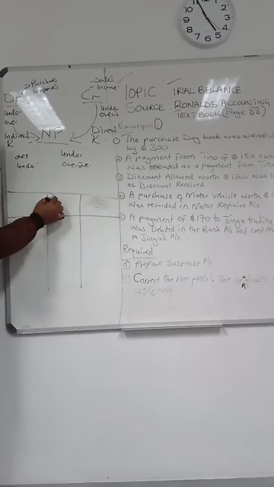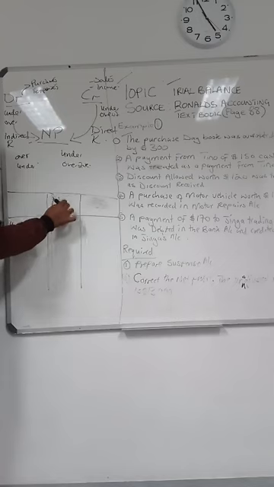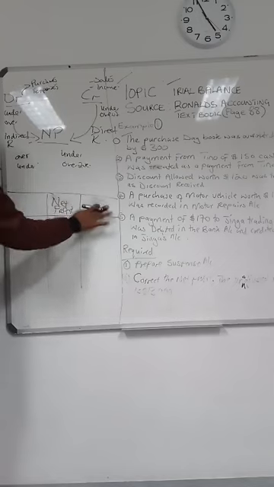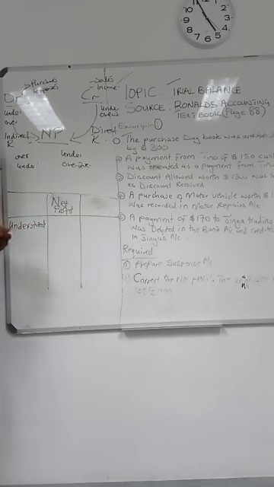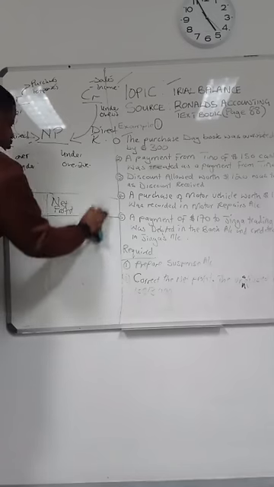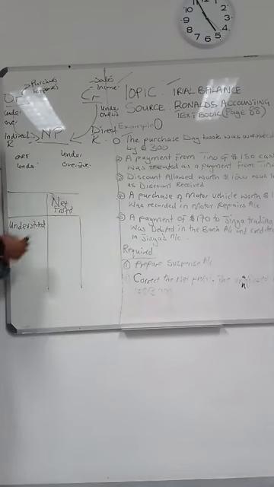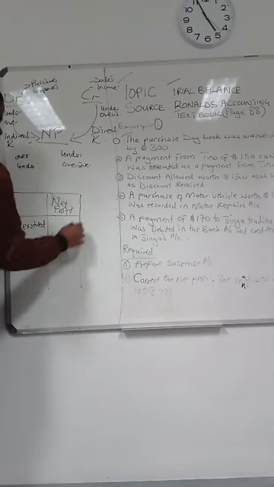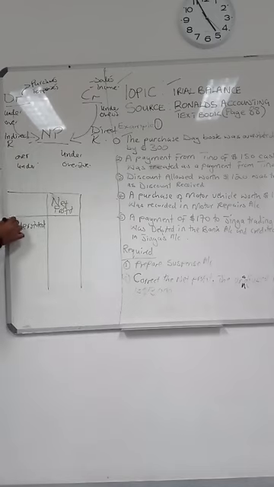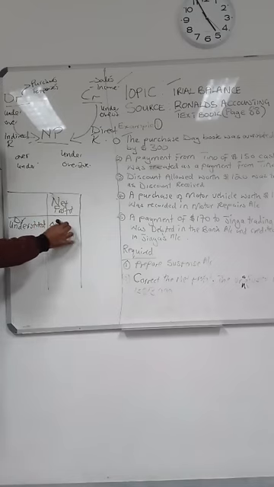Let me put one table, one column there, so it will be like this. We are saying when debit items are understated, net profit will be overstated.